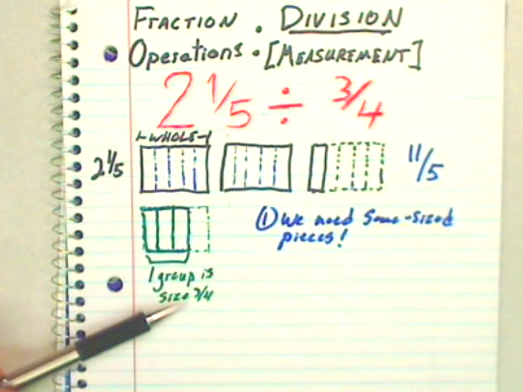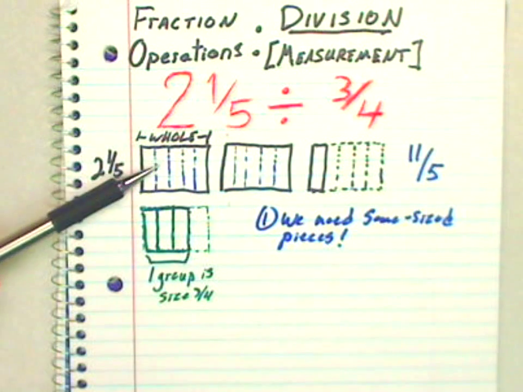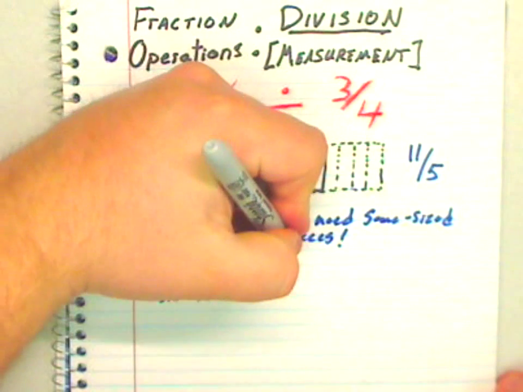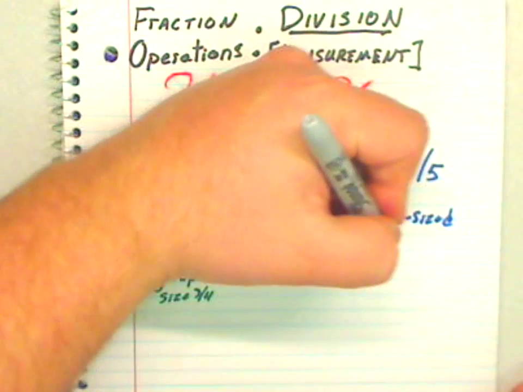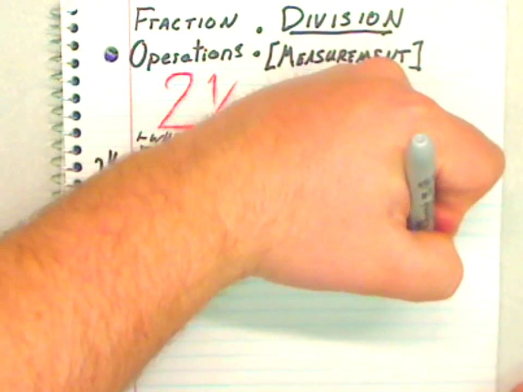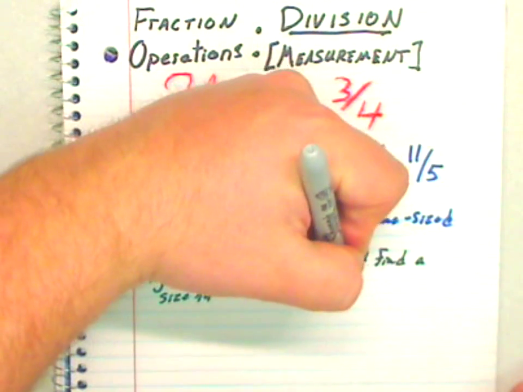Does that help me here? Well, these are in terms of fourths. These would then be in terms of tenths. Those still are not the same size. What we need is a common partition. So that is our fix. So in order to get same-sized pieces, we need, or we will find, a common partitioning.